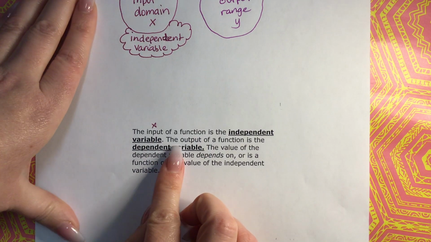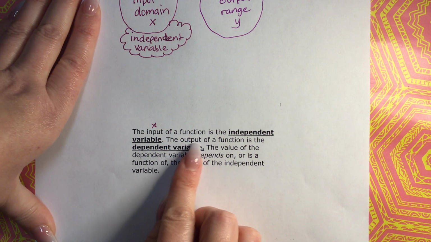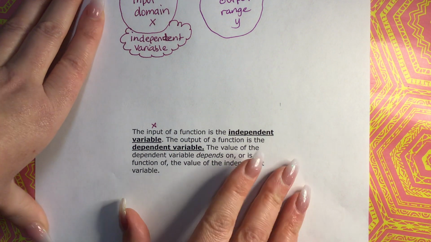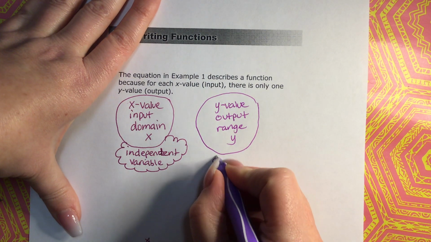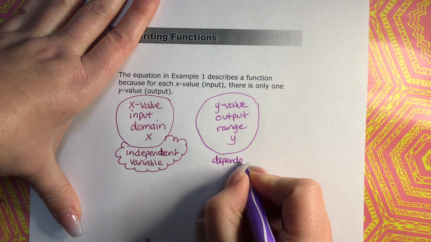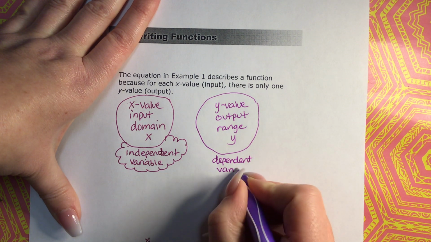Let's go down here. The output, what is that? Oh yeah, that's y. The output of a function is the dependent variable. Are you serious? We have another name for y too, the dependent variable.